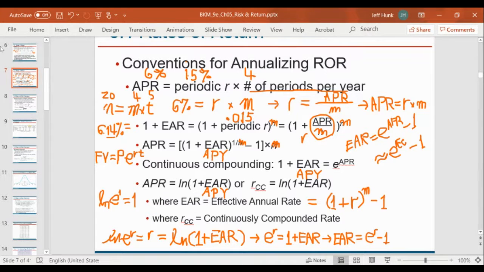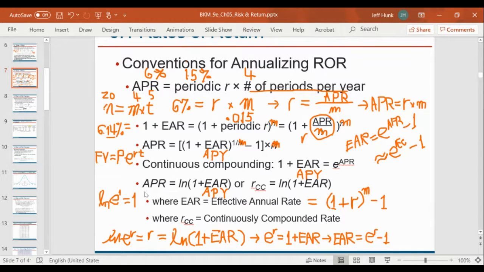So in continuous compounding, APY, or the effective annual rate, will be e raised to r minus 1. The reason you subtract 1 is just to get the APY, the net return rather than the gross return.